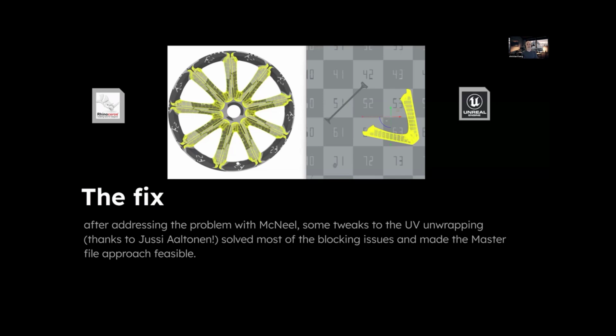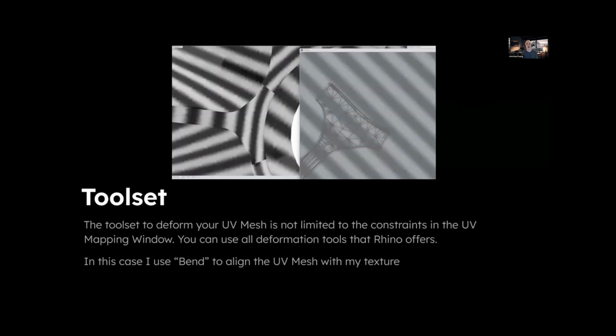And the UV tools in Rhino are not like there's not a ton of them. There's very few options you have. But the good thing is that you can use all the tools that you can find in Rhino for mesh manipulation. So for example, here I separated all the parts of the rim, laid them over each other.